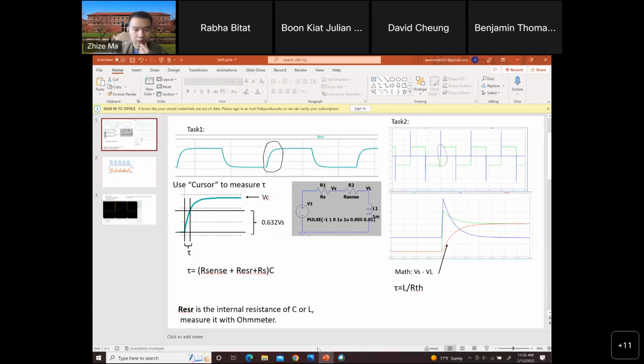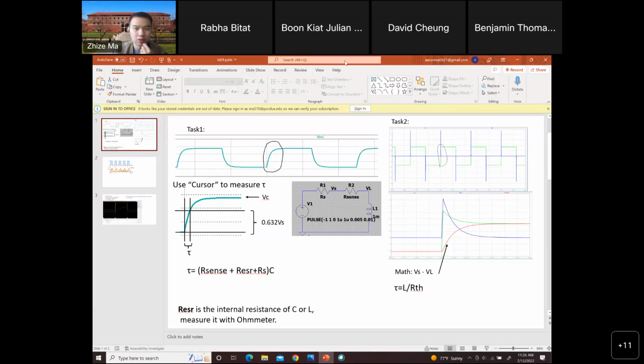All right, so after you build the circuit, as I mentioned, you will see something that looks like this when the capacitor starts charging. What you need to do is measure the time constant.